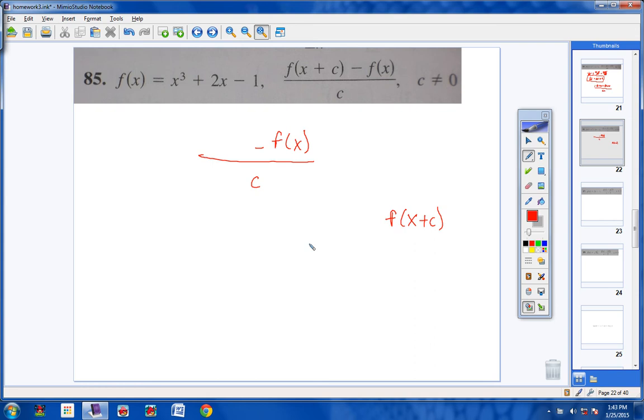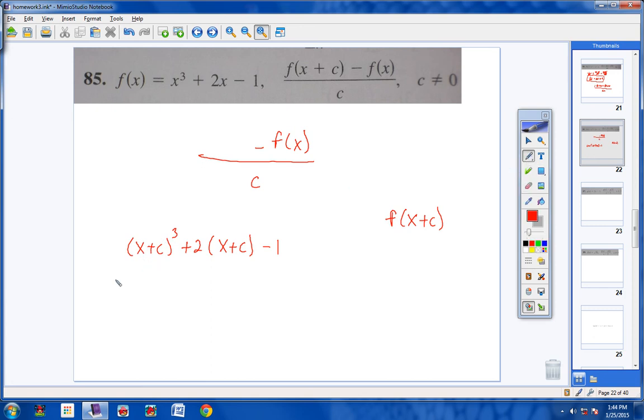Everywhere there's an x, we're going to put x plus c. So here we go: x plus c to the third power plus 2 times x plus c minus 1, okay? So with that in mind, now let's go ahead and simplify.